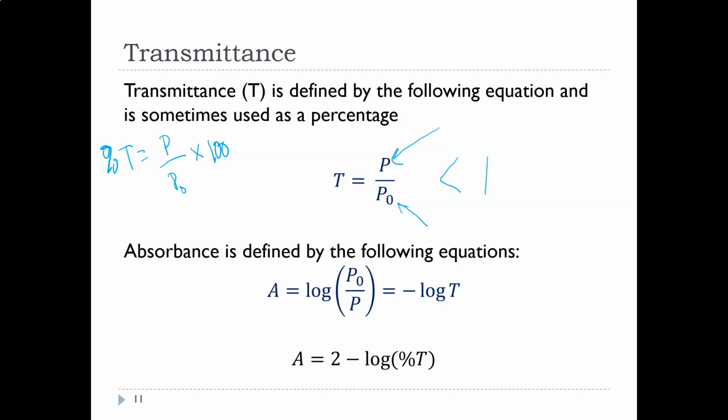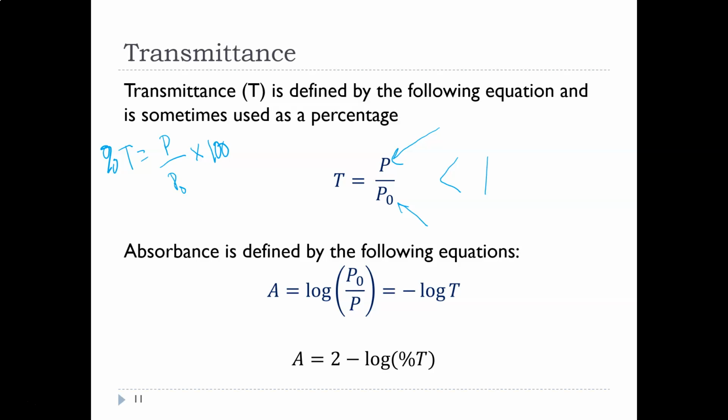So this is still used as the most common unit in certain biology aspects, but in chemistry, we typically use absorbance instead of transmittance. Absorbance is related to transmittance, but transmittance is looking at the fraction of light that does not get absorbed by the molecule.